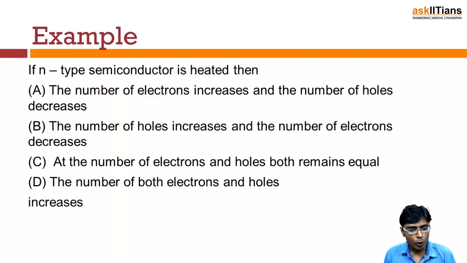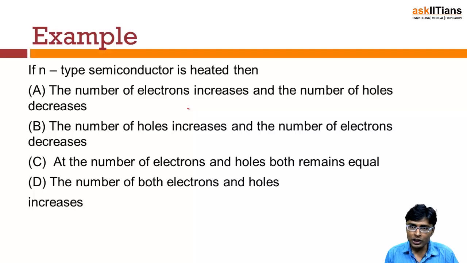If you see option A, it says the number of electrons increases and the number of holes decreases. This is not a correct answer, because we have already discussed that electrons and holes are always generated in pairs. So there cannot be an inverse relation between electrons and holes.